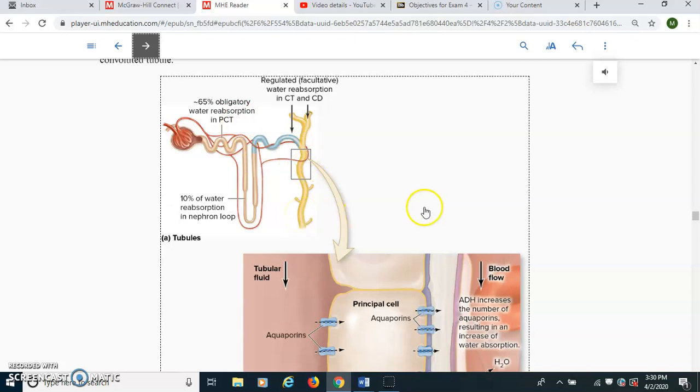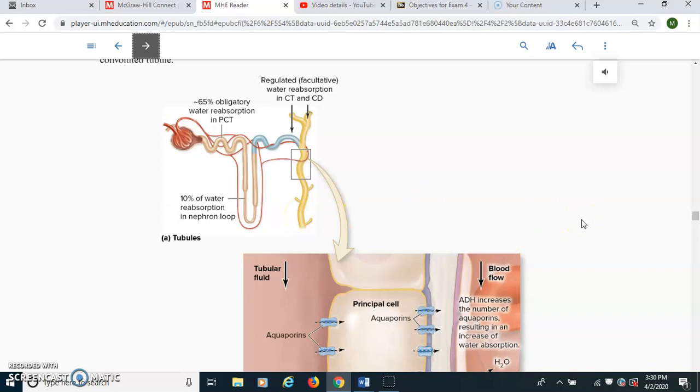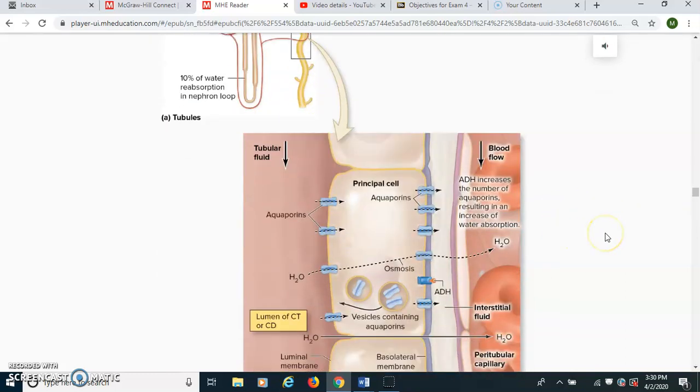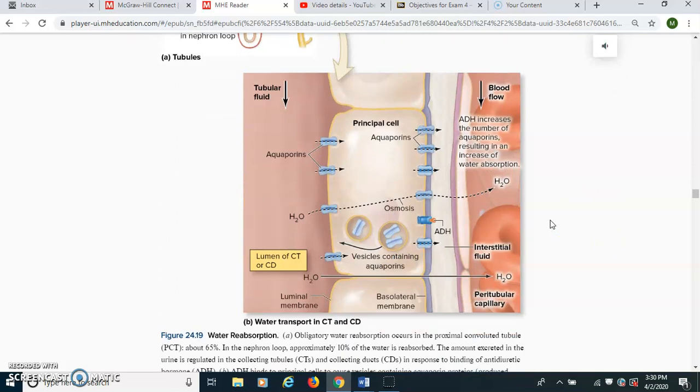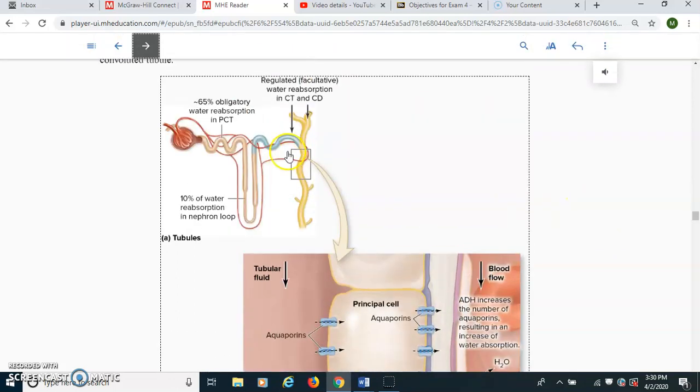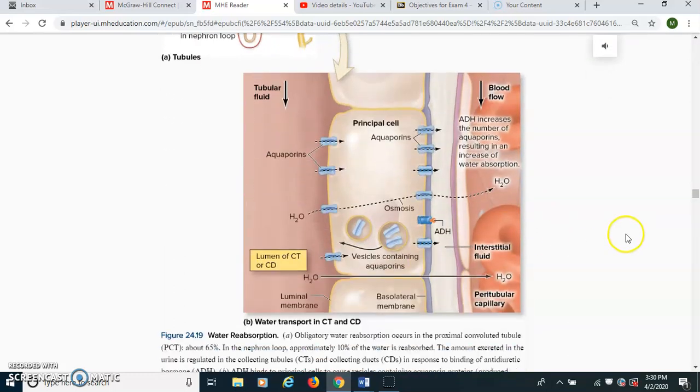So based on our fluid intake and our fluid excretion, how much water we need to reabsorb along here. So this picture down here is showing what's going on. All right, again, the regulators of water reabsorption along the collecting tubules and ducts are two hormones.